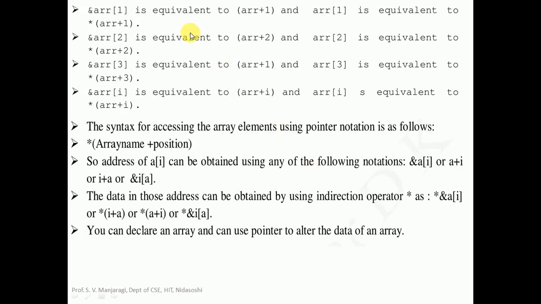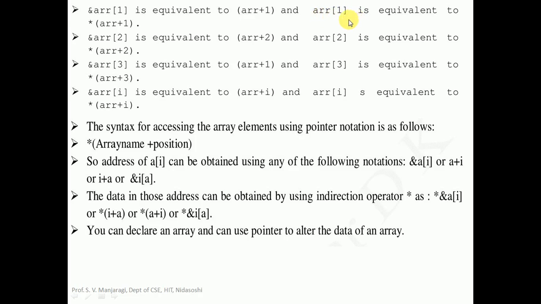It means the address of ARR of 1 is equivalent to ARR plus 1. ARR is pointing to the base address of the array, plus 1. So from this we will get the address of the second element, which is equivalent to ampersand array of 1. And the value, ARR of 1, is basically giving us the value stored at index 1, the second element of the array.